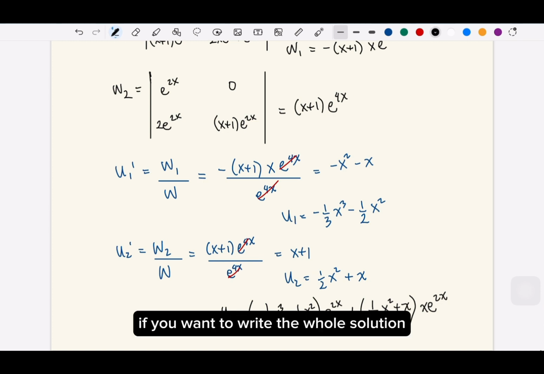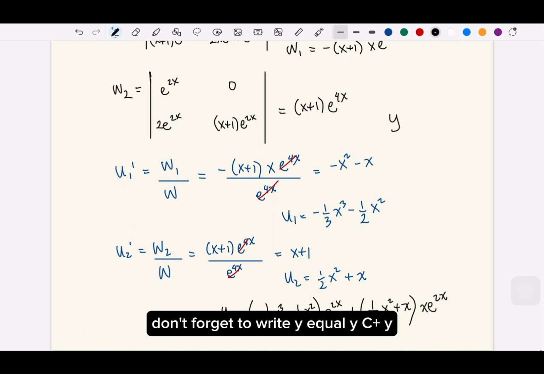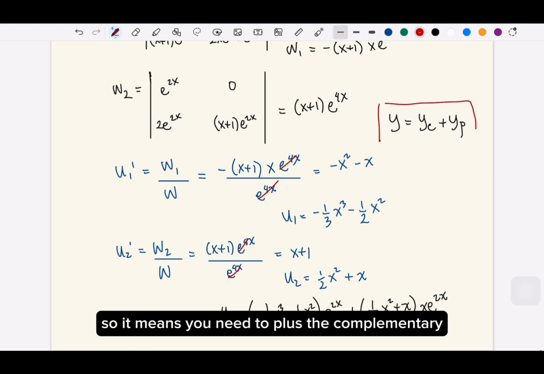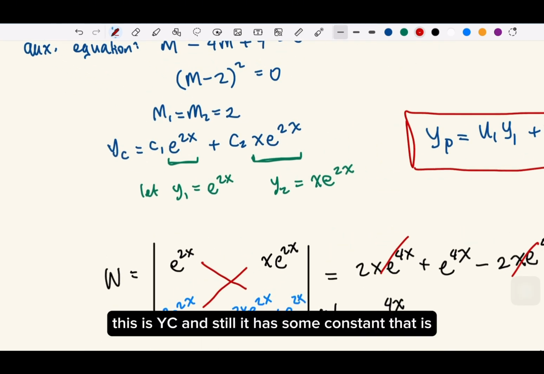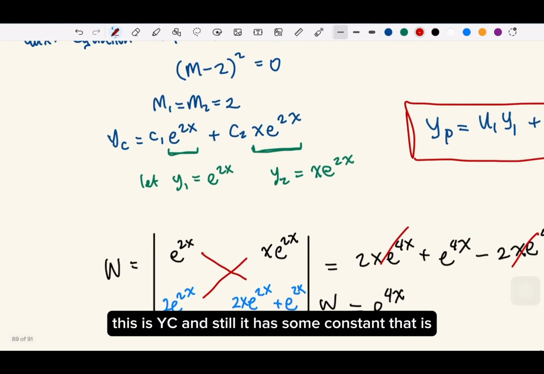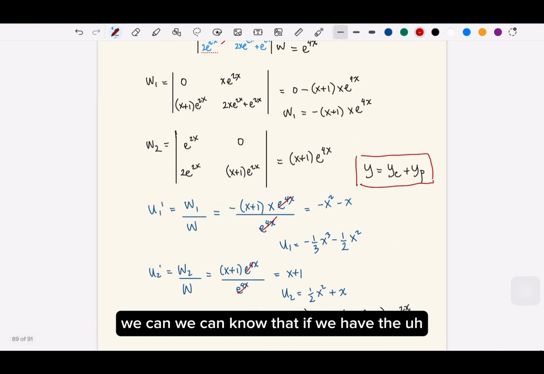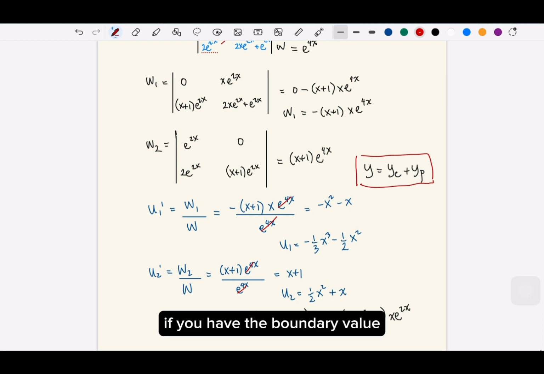So if you want to write the whole solution, don't forget to write y equal yc plus yp. Okay. So it means you need to add the complementary solution, which is this yc, and still it has some constants that we can determine if we have the set of values. Okay. If we have the boundary values.